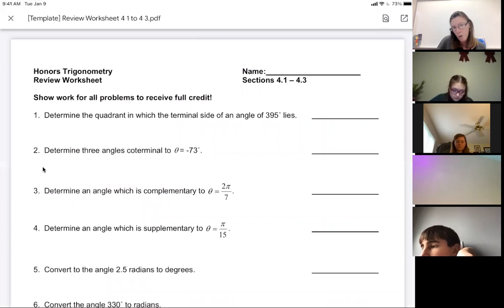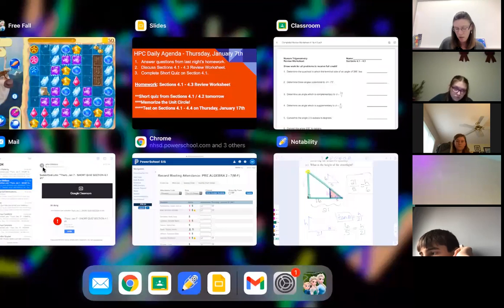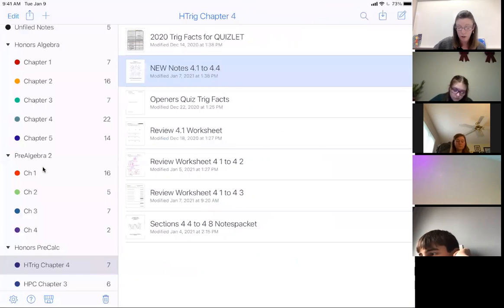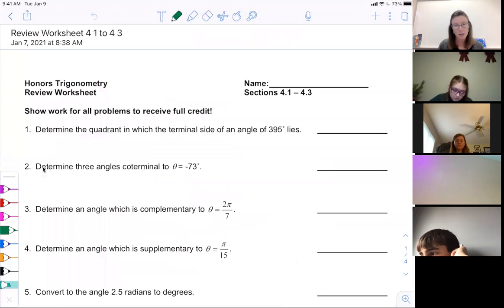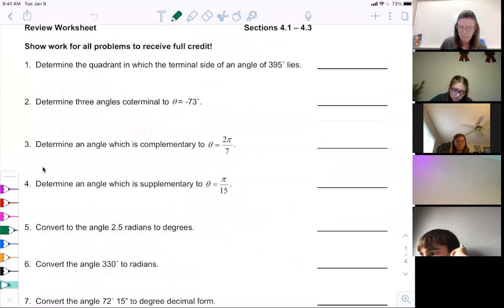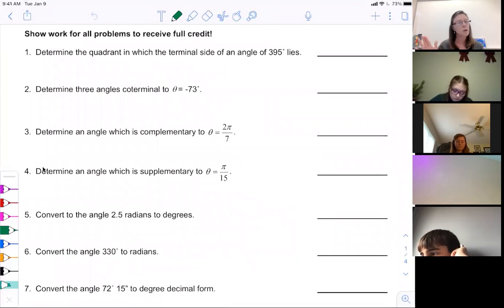It does go in order of the concepts that we've talked about in sections 4.1 through 4.3. So it is in order. Some of these questions should be really quick. Most of these don't take a lot of work, but I need to see something showing how you're thinking about that solution. So you show me something to receive credit.